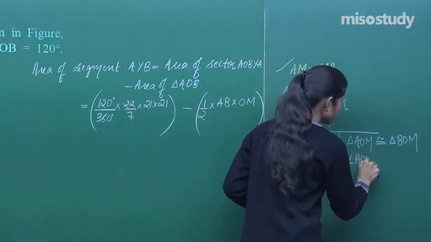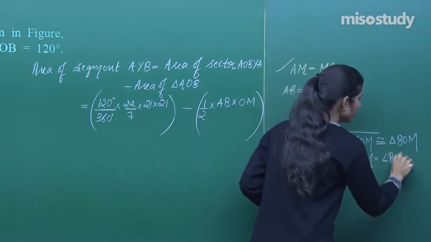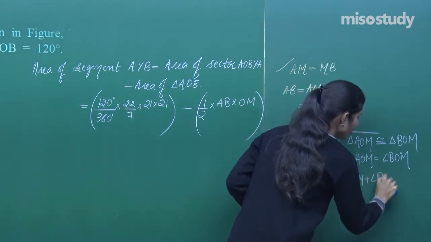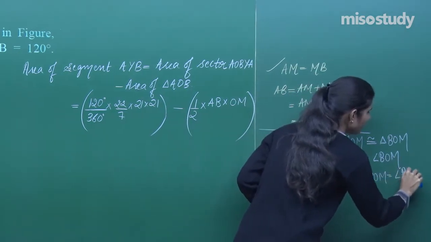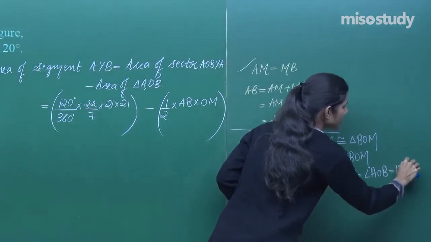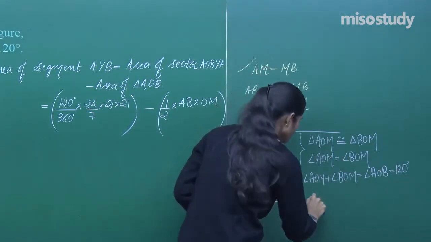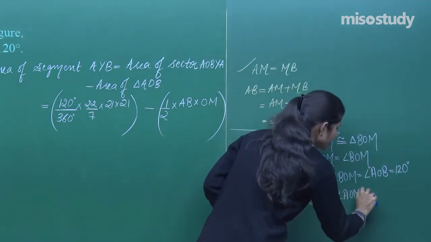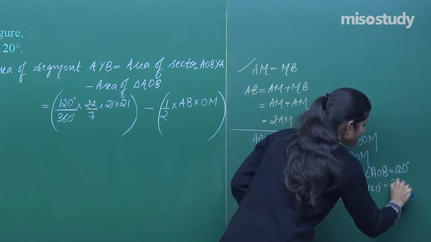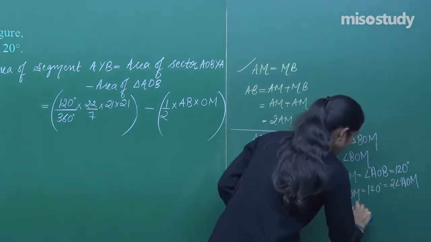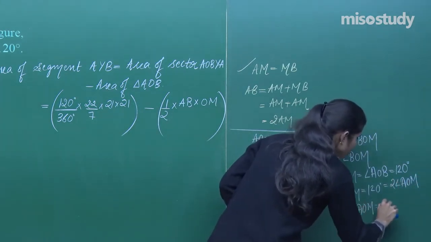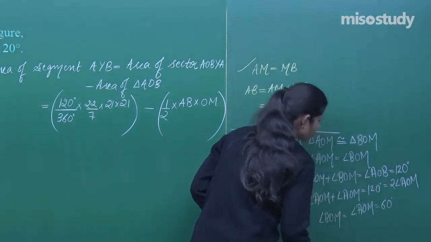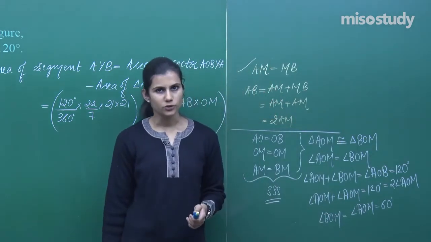So angle AOM will be equal to angle BOM, but angle AOM plus angle BOM is angle AOB, which is 120. So twice of angle AOM is 120, which means angle AOM will be 120 upon 2, which is 60. Both these angles will be 60, which is half of 120.